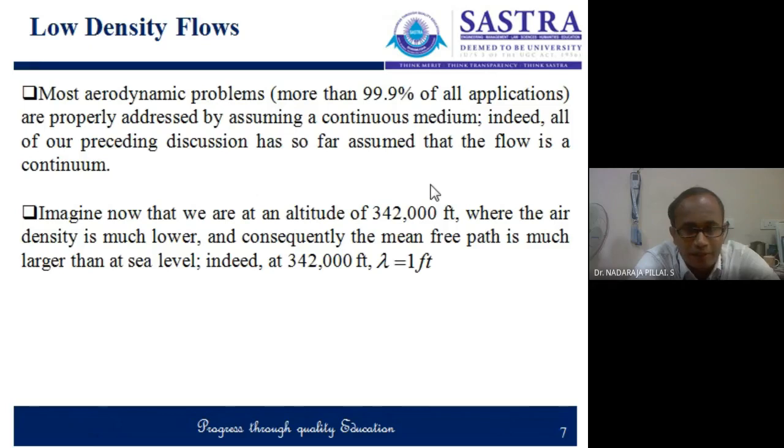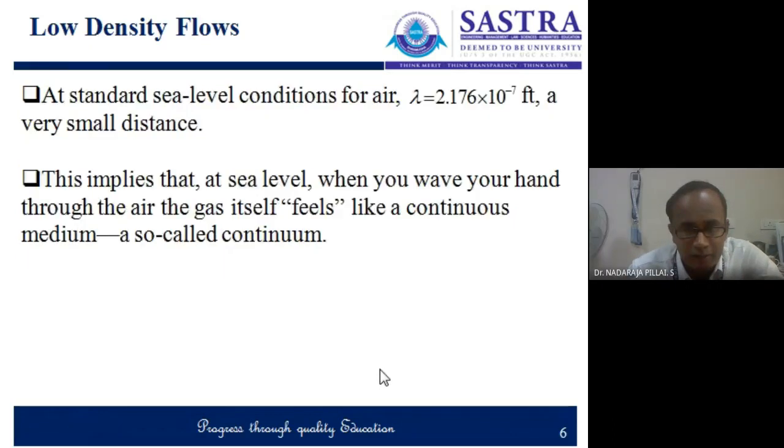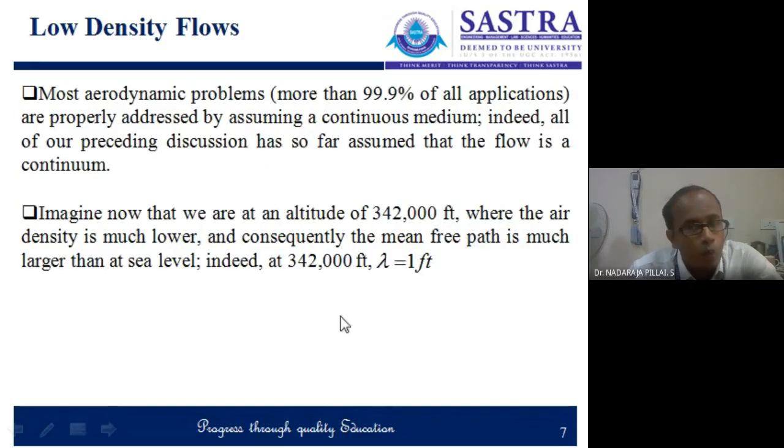At 342,000 feet altitude, the mean free path lambda is 1 foot. But you remember when we calculated the mean free path at sea level, it was 2.176 × 10^-7 feet, and now it is 1 foot at 342,000 feet.